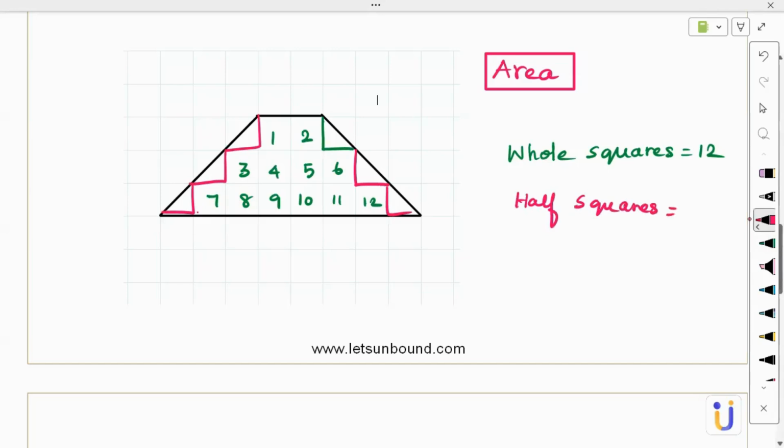We have 6. Whole square, you just multiply by 1. Half square, you multiply by 1 by 2 or 0.5. So 12 plus 6 times half is 3. 12 plus 3 is 15. So the area of the quadrilateral is 15 centimeters square because it's a centimeter grid.